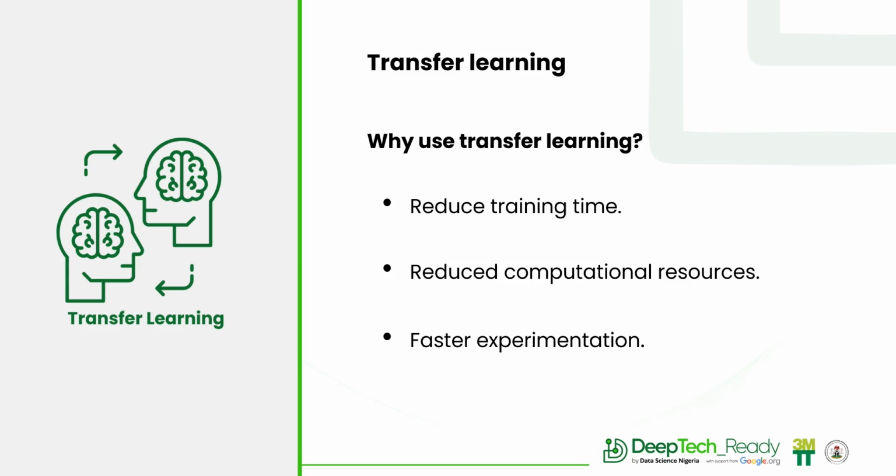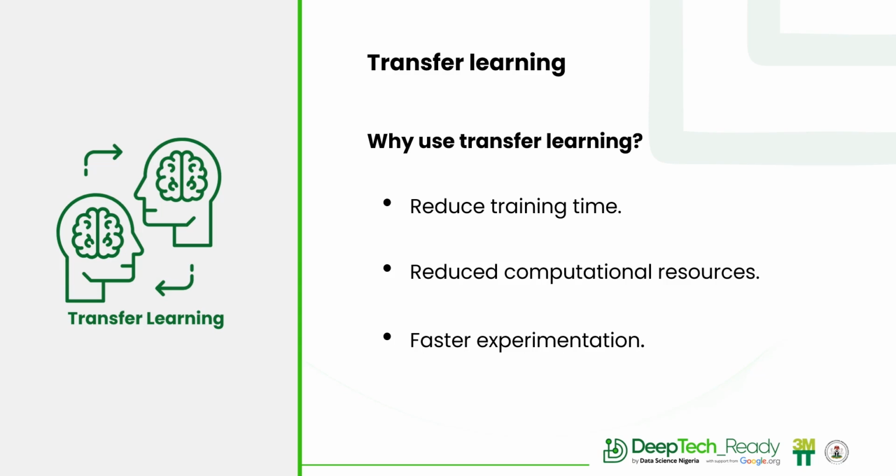Then of course it reduces computational resources. It reduces computational resources because at the point of training it needs to save a lot of information into its memory. It needs to acquire and learn some new information. But in this case, it has already learned some very key information. It's just trying to learn very few.